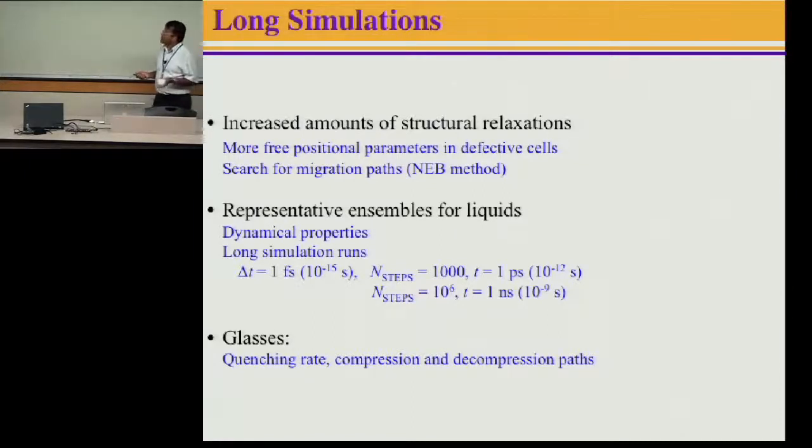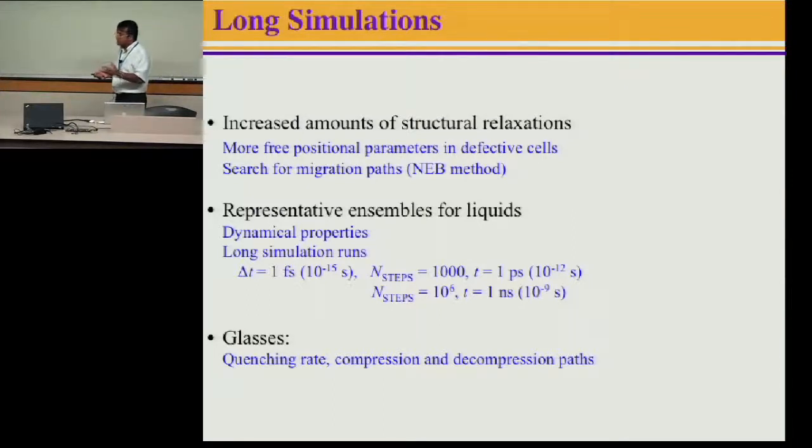Another aspect is, you have to do very long simulations. Even if you are doing just a static calculation, because of defects, or let's say if you are doing glass, then you have more free positions or internal parameters, so you have to relax all those. For example, MgO, a perfect crystal, has no free parameter.